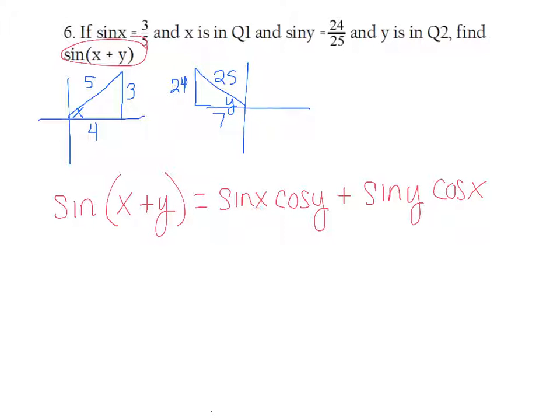The sine of x, well, I go up here to x, and the sine is opposite over hypotenuse. In fact, that was one of the ones they gave me, 3/5. And I just replace that with 3/5 times, let's do it again, cosine of y. So here's my y. Cosine is adjacent over hypotenuse.